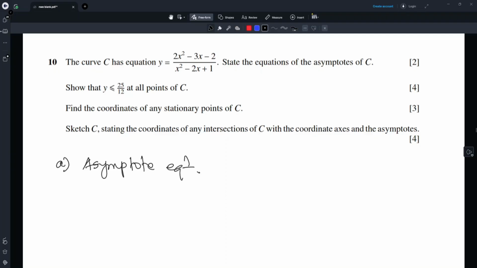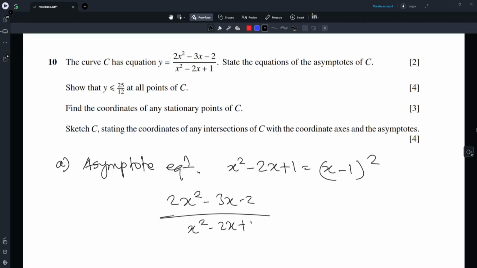So first of all, we have x square minus 2x plus 1 equals x minus 1 whole square. If we rewrite this in terms of partial fractions, we have 2x square minus 3x minus 2 over x square minus 2x plus 1.